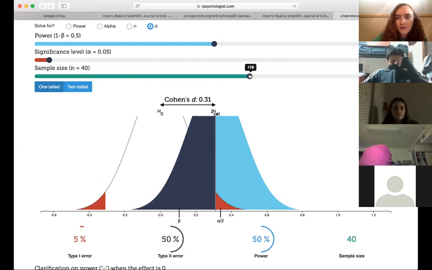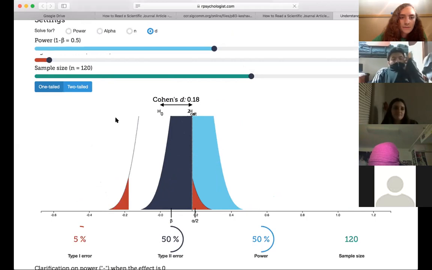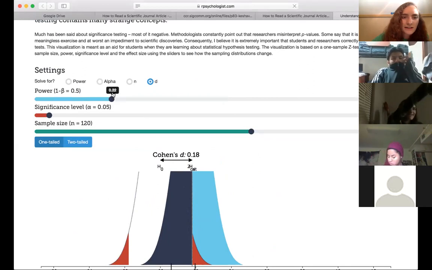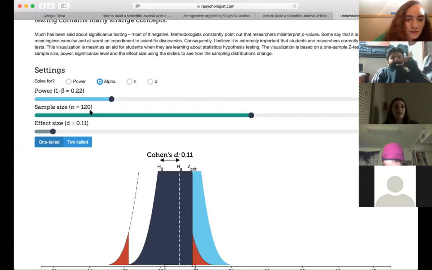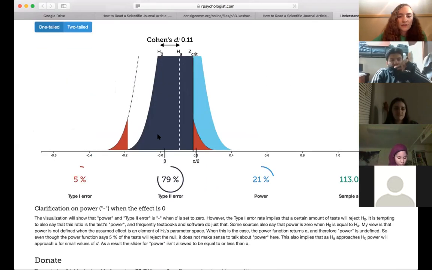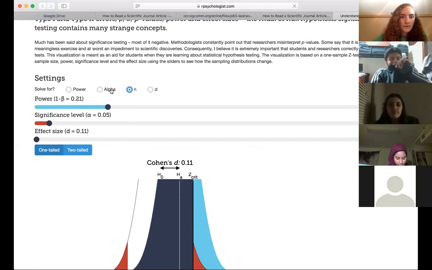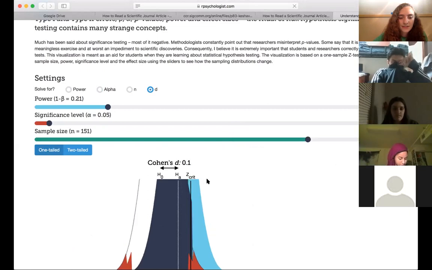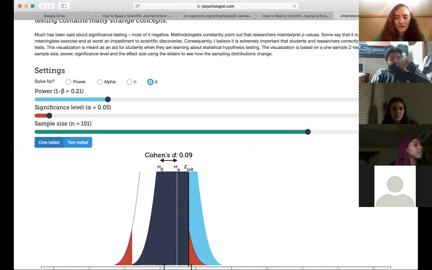Even if I jump it to an even bigger sample size, let me set the power to be equal. Let's change it to sample size. Basically, the type 2 error shrinks when you have a bigger sample size. The bigger the sample size, the more it shrinks. I don't know why it's going the opposite direction, but yeah.